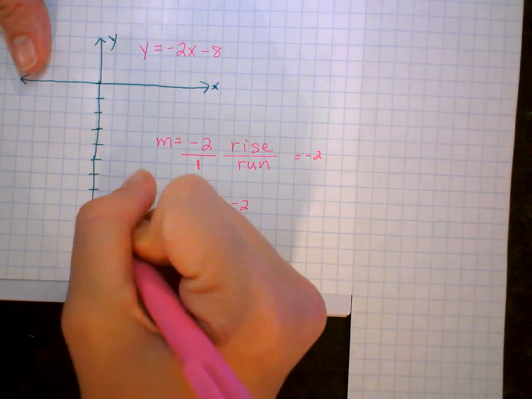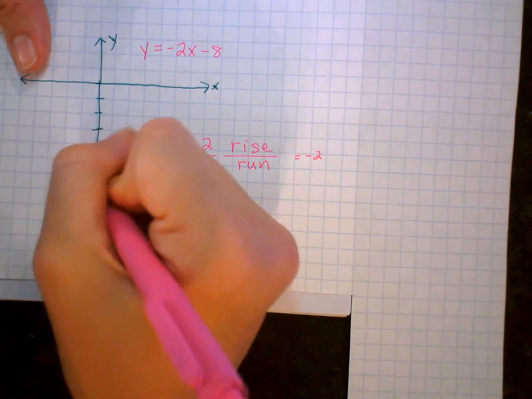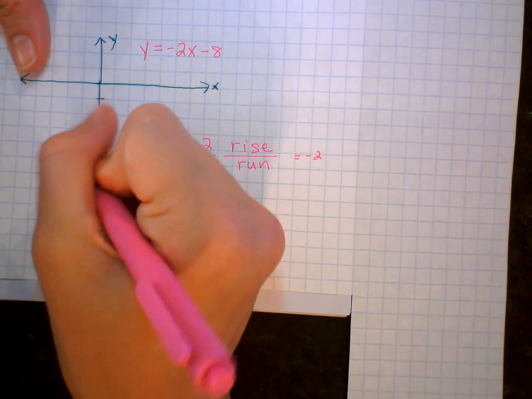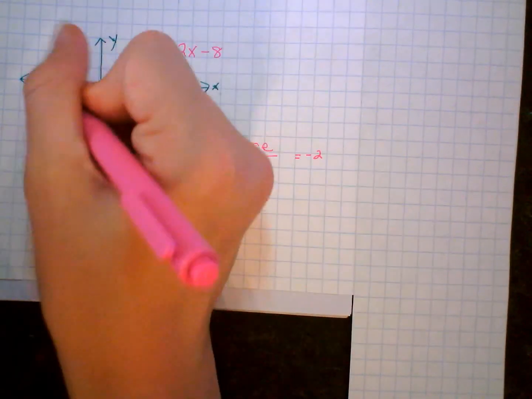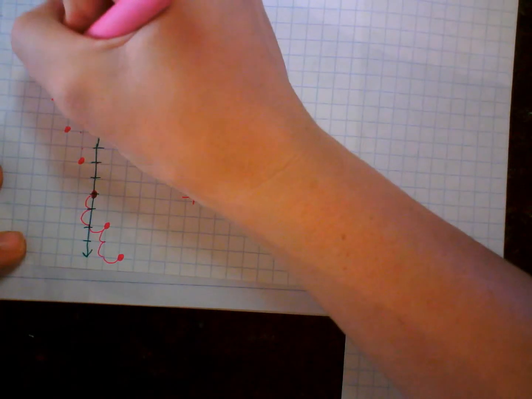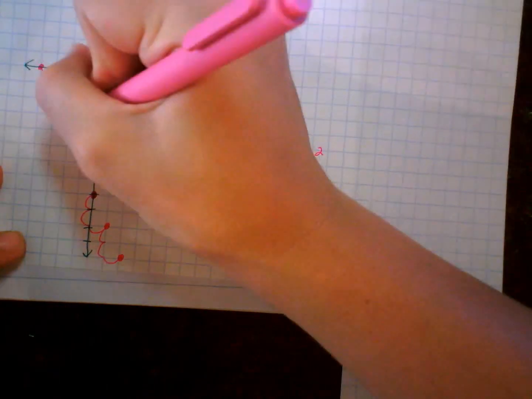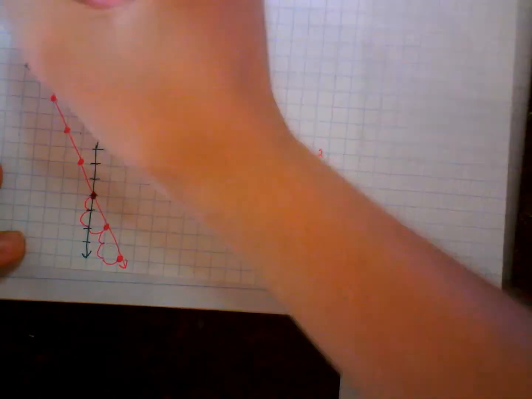So up 2, left 1. Up 2, left 1. One more. Up 2, left 1. The more dots you have, the more straight your line will be when you connect the dots.